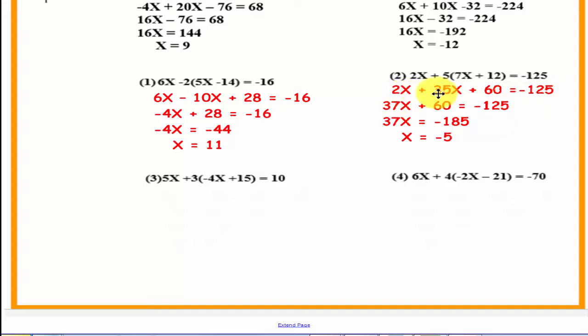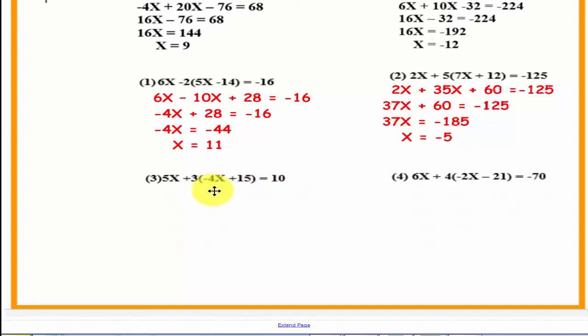Here we have 2x plus 35x is equal to 37x plus 60 equals negative 125. 37x equals negative 185. How do we get that? Well, you subtract 60 here, and you have negative 60 here. 60 and 125 is negative 185. Then you're going to divide 37 into negative 185, so x equals negative 5.